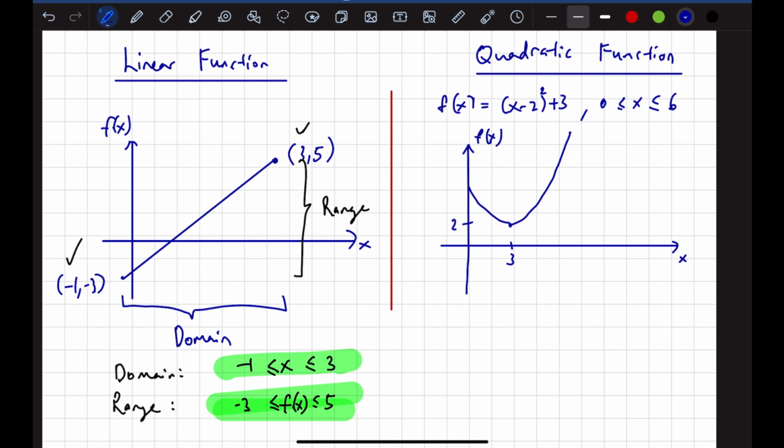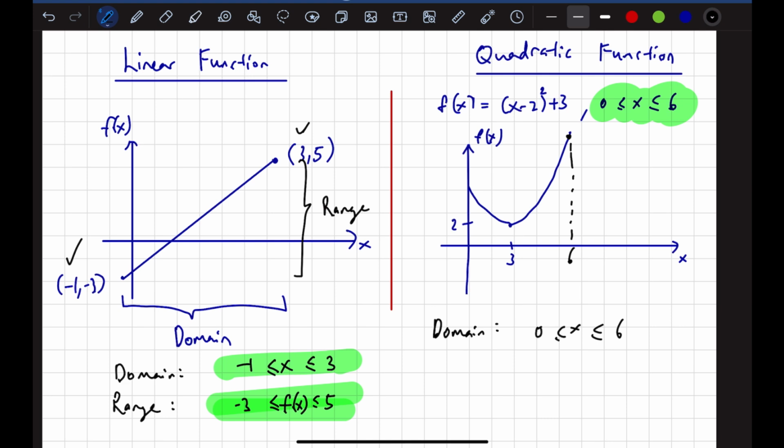So let's talk about when x is 0. If you look at this part of the function, it's given you the domain. So in this case, the domain is between 0 to 6. That means this endpoint here must be 6.